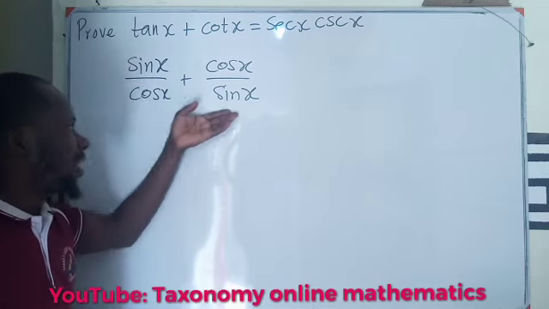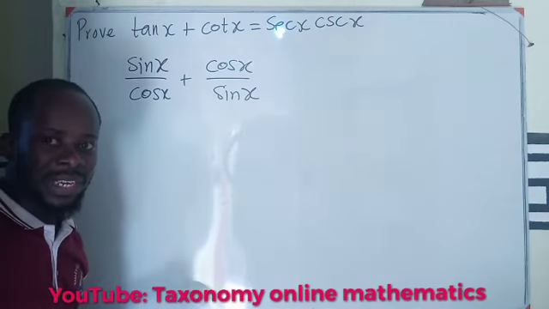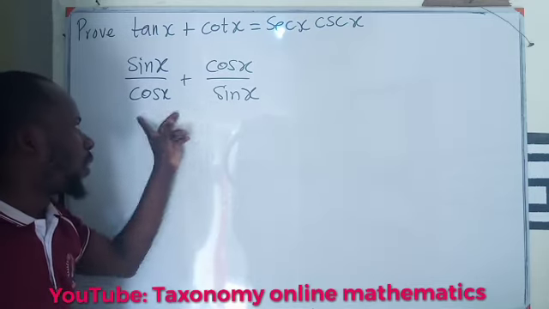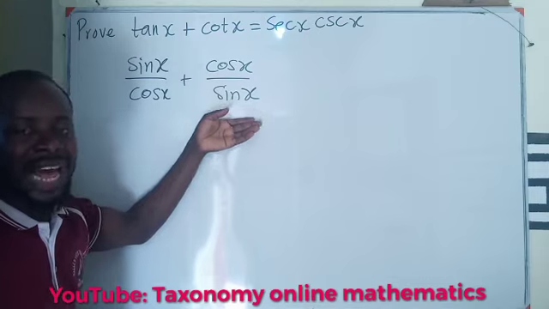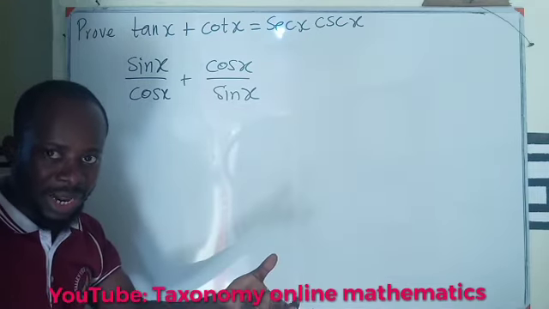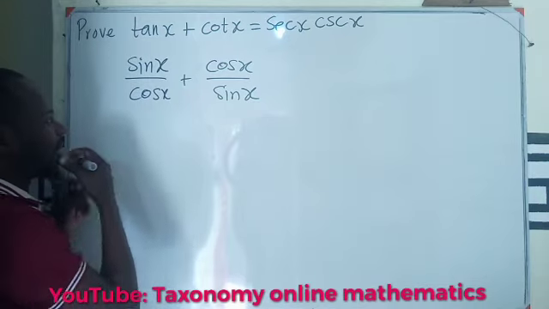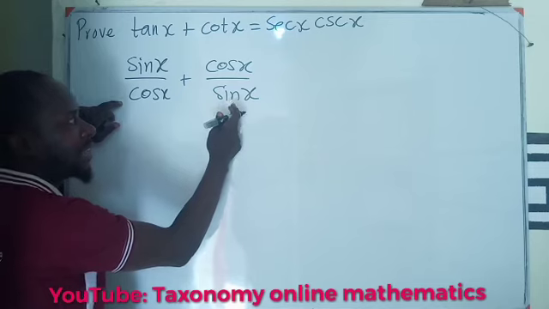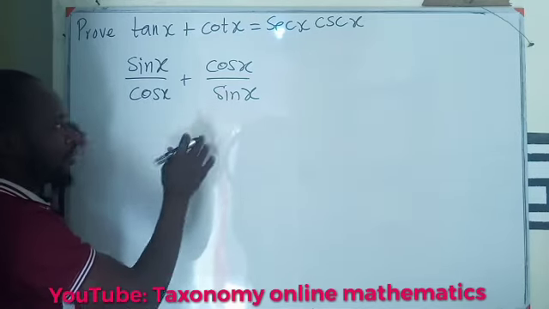So now we can solve this as a normal fraction whereby we look for the LCD, that is the least common denominator. In this case, we can only multiply the two. So we are going to have cos x sine x as our denominator or as our LCD. If I like, I can multiply the top and the bottom by the sine and multiply the top and bottom by the cos. It will give me the same thing.